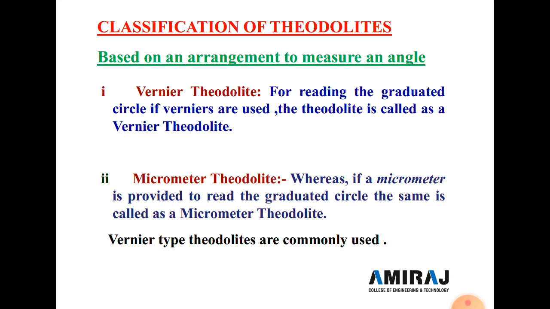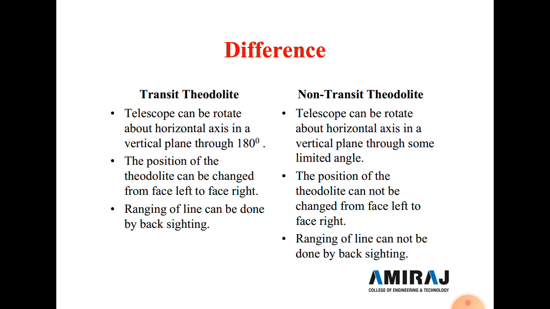Here, for getting the reading, angles are marked on a theodolite, so it's a vernier theodolite. And if the micrometer is provided to read the graduated circle, it is known as a micrometer theodolite. Generally the vernier theodolite is used, and in our college also a vernier theodolite is there.